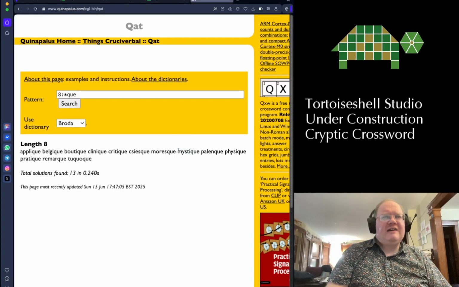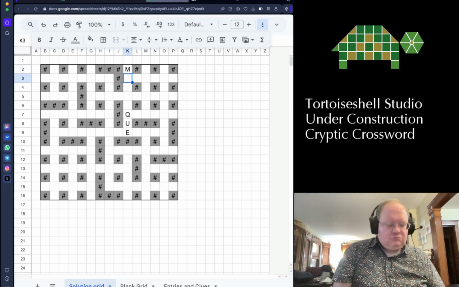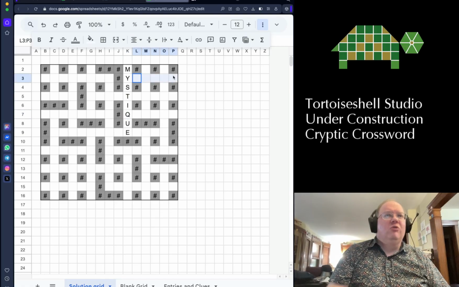Yeah, Mystique, you could have my, and then something like small and short, and then something indicating an anagram of quiet. Sure, let's do that. And now we've figured out where the Y is going. So that could be something like yogurt.